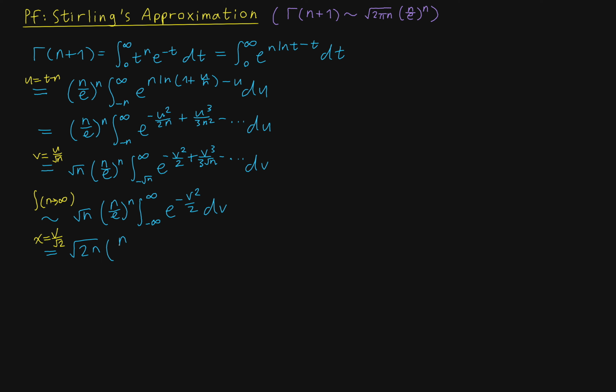So the root 2 comes out, n over e to the n, integral from negative infinity to infinity of e to the minus x squared dx. And now you know that this is the well-known Gaussian integral. And so we get square root of pi from that. So we get overall square root of 2 pi n times n over e to the n, as we were expecting. So that's Stirling's approximation.